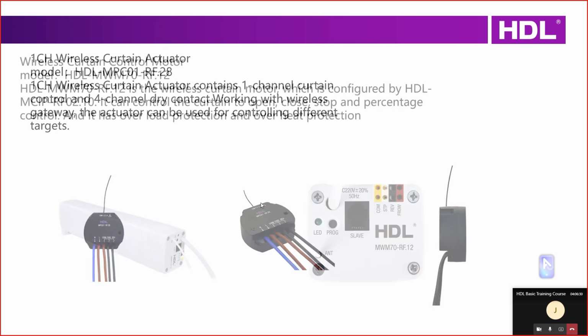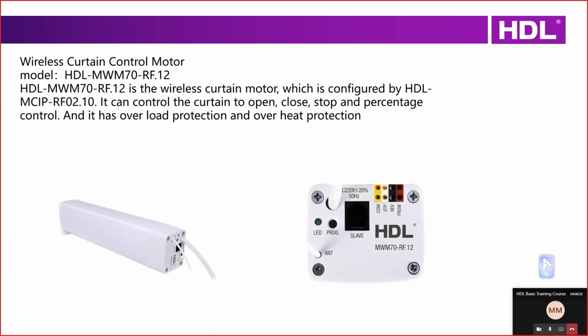This part. And now let's move on to our curtain control motor. This motor is the wireless curtain motor, which is configured by HDL MCIP IF02.1. It can control the curtain to open, close, stop, and percentage control, and it has overload protection and overheat protection.